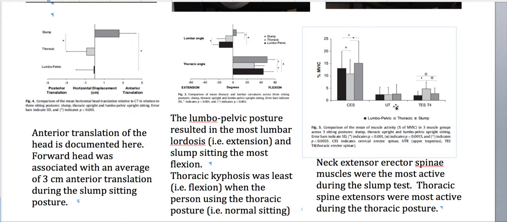Finally, we look at EMG, and so again, this is the percent MVIC for the neck extensor muscles, upper trapezius, and then the thoracic spine erector spinae muscles. And we can see for the extended position or the thoracic position, they were relatively small, around 10 or 15%. And in this study, there's only a slight increase in EMG with the slump sitting position.